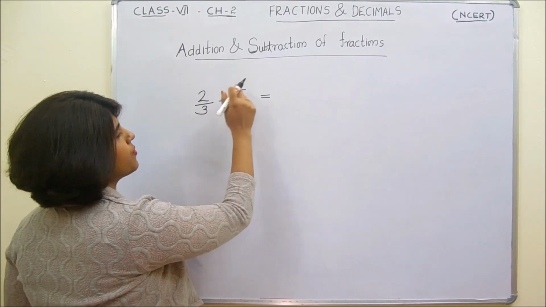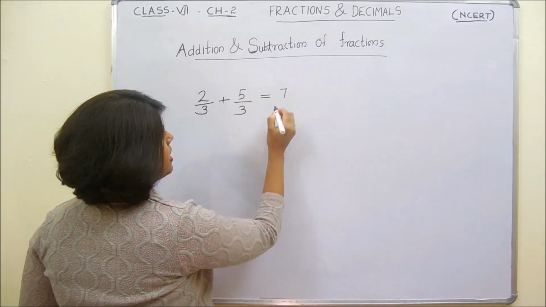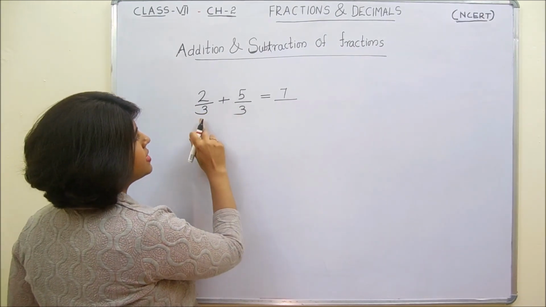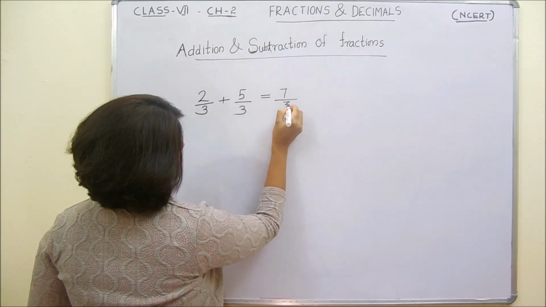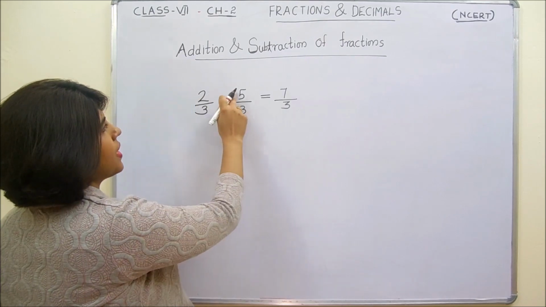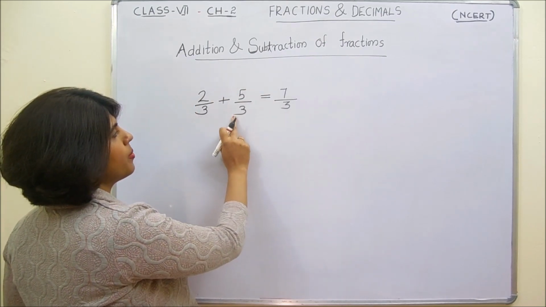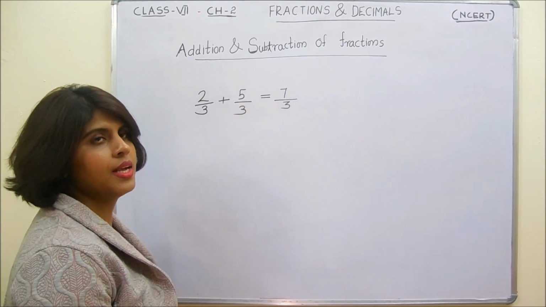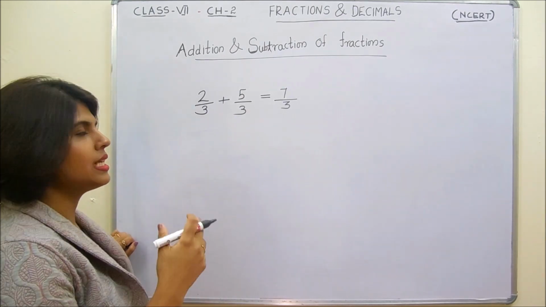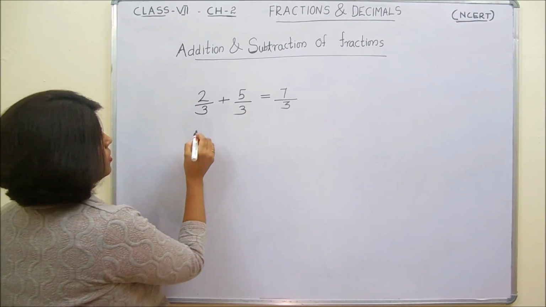So here 2 plus 5 would be 7 and the denominator remains same. Right? So 2 plus 5 is 7 and the denominator is 3. Clear? Now what would be in the case of subtraction?